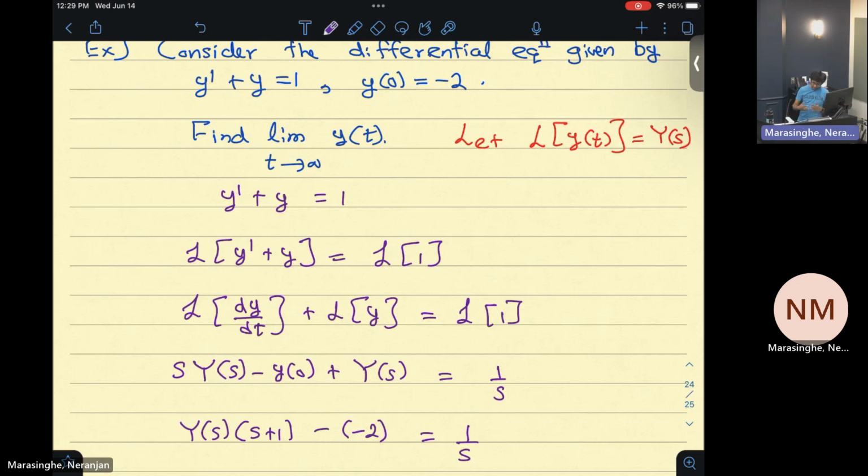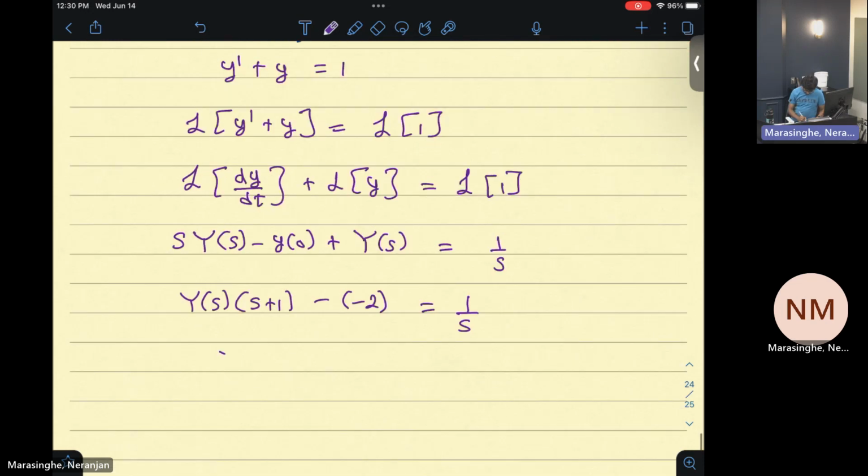Then try to solve for Y(s). So what would I get?